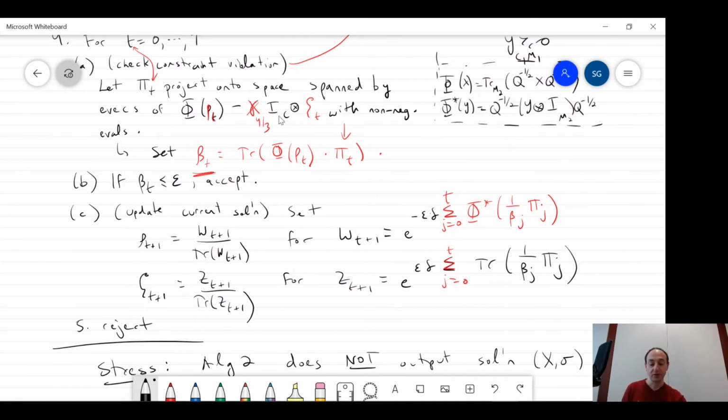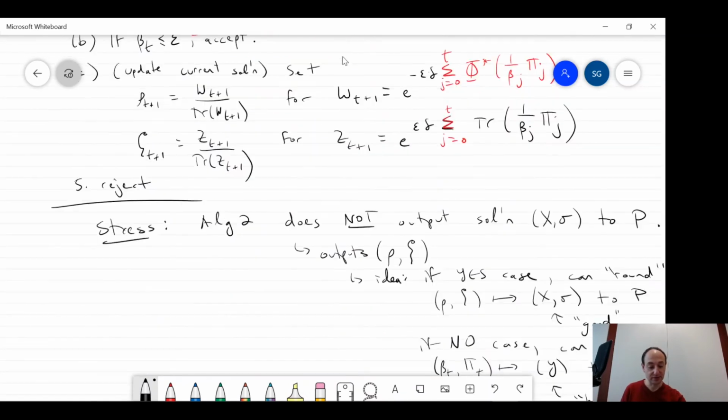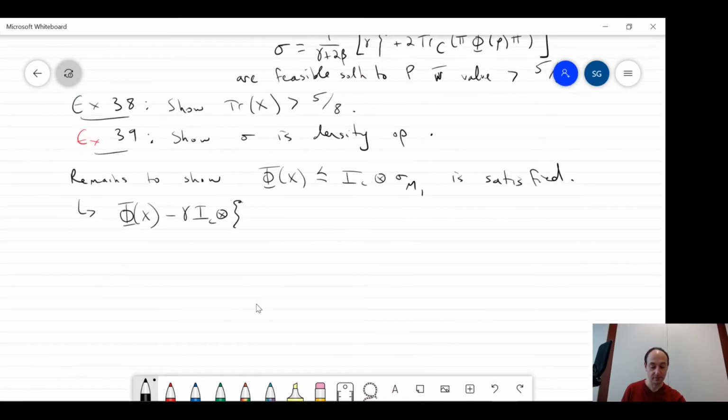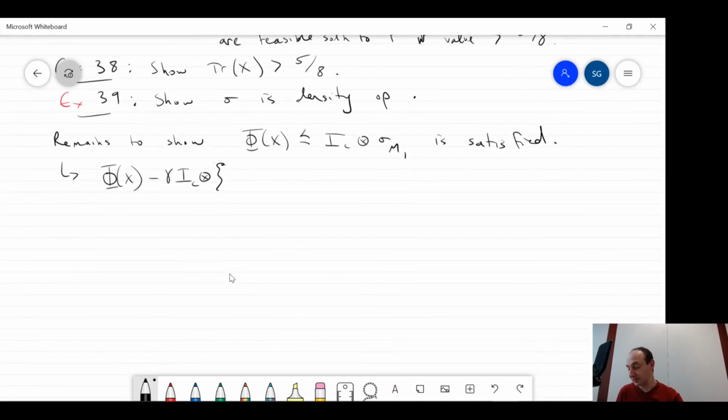That's why you see the similar expression showing up here. So what is this thing? First of all, I claim it is going to be at most pi times phi of x minus gamma identity of C tensor zeta. The only thing that's changed here is pi. So why is this true?